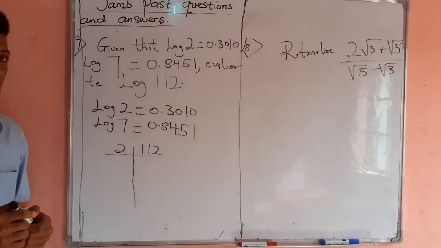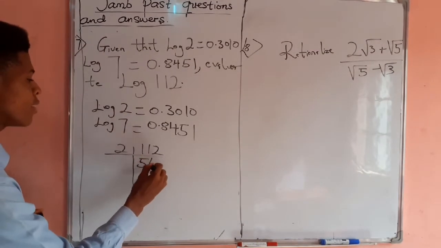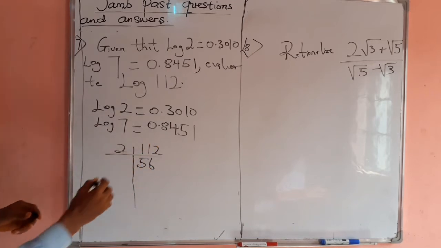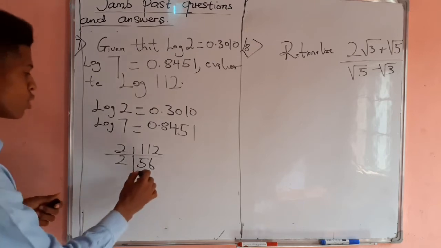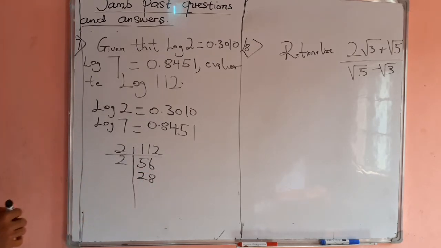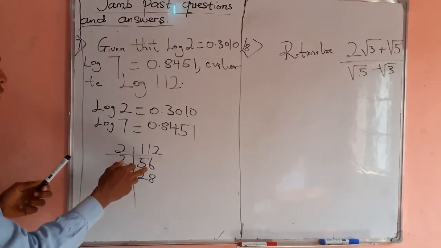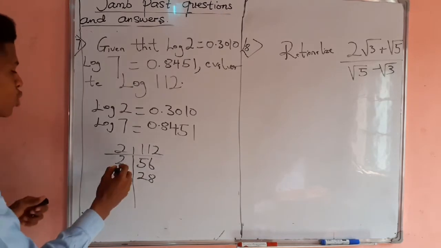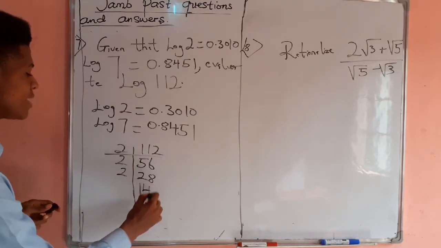2 in 112. Of course, we know it's what? 56. 56 plus 56 gives you 112. 2 in 56 is what? 2 in 56 gives you what? 28, right? Am I correct? I think I am. 2 in 56 gives you 28. 2 in 28 gives you what? Gives you 14.